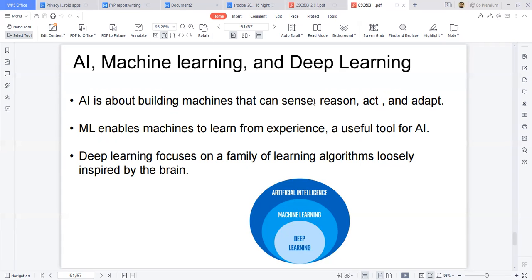What is sense? Sense is, for example, a camera in a robot, a mic, or touch, when it touches something. Not actuators, but sensors. So there is some sense, and based on this sense, it will reason.